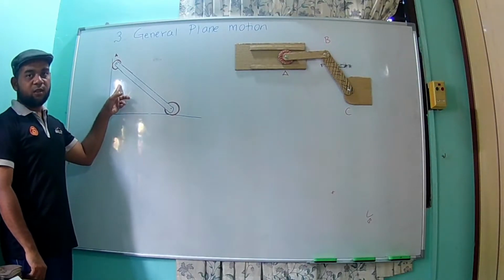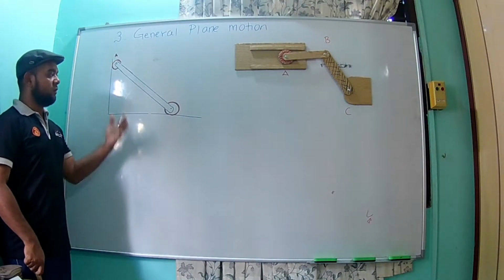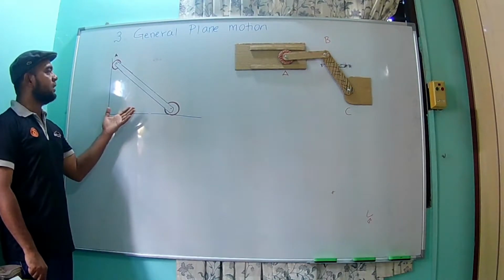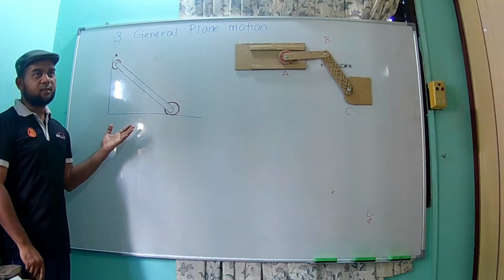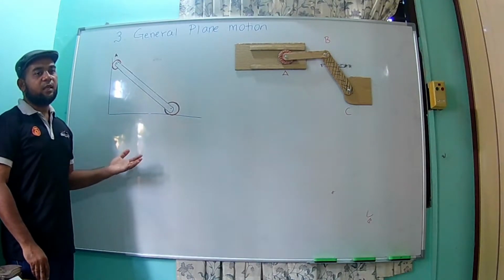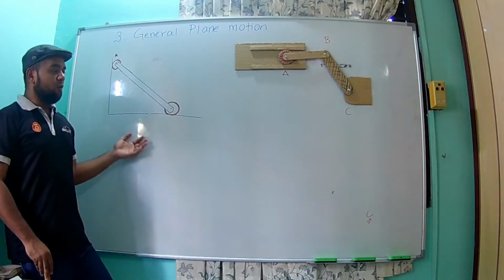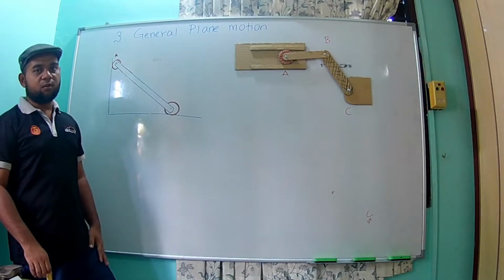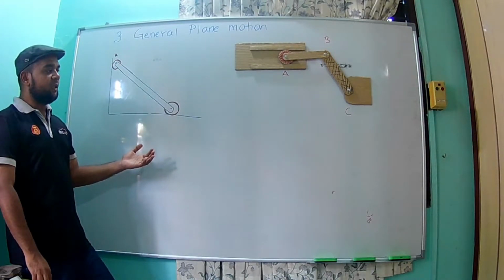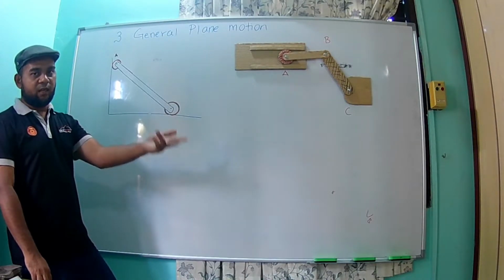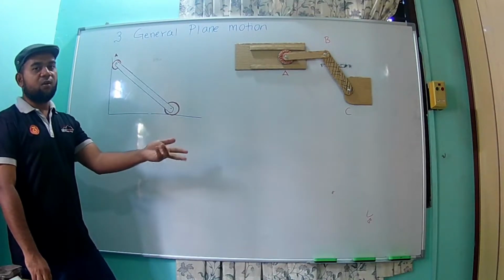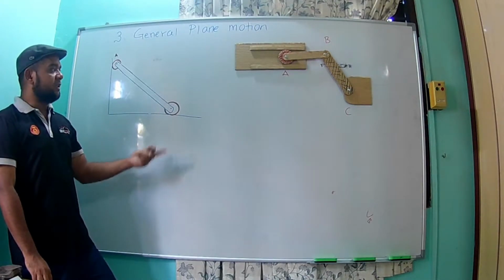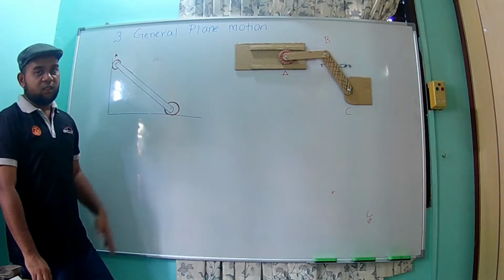For general plane motion, the first thing to do is to identify the type of motion. How can we say that this is general plane motion? We identify the movement of each component. If it can be put in category 1A, 1B or 2, which are rectilinear translation, curvilinear translation, or rotation about a fixed axis.